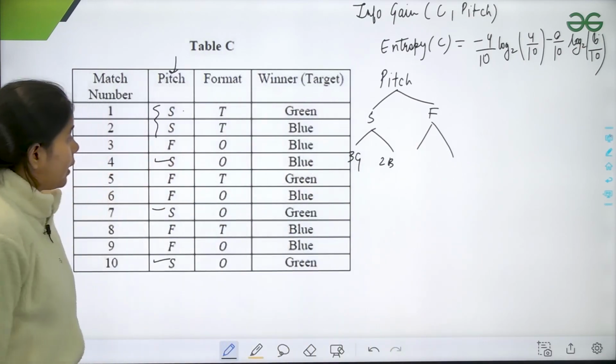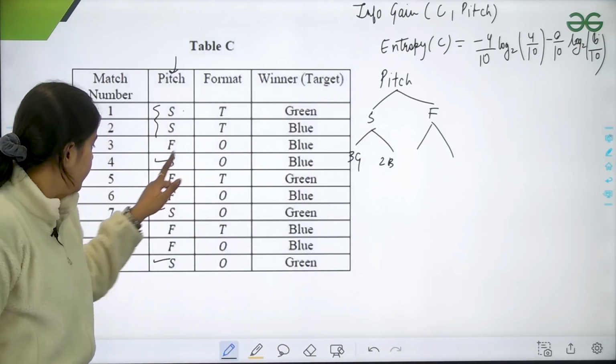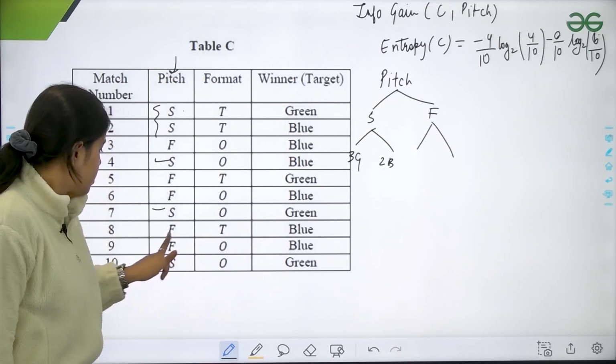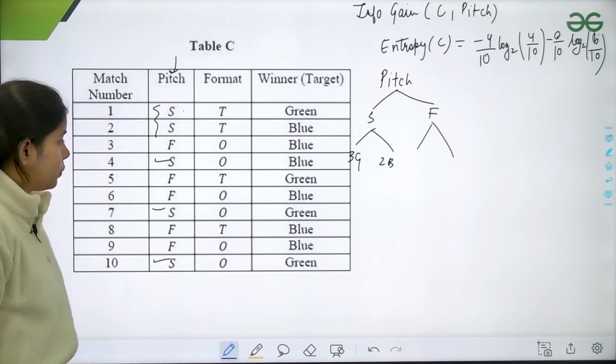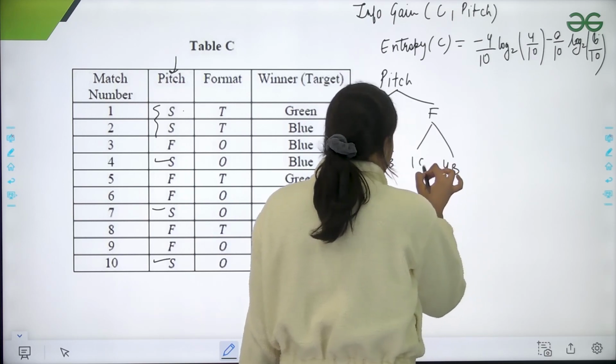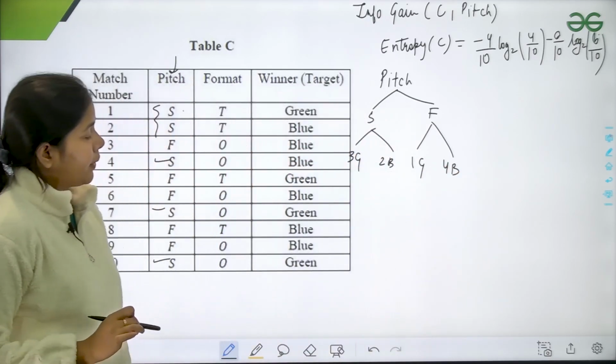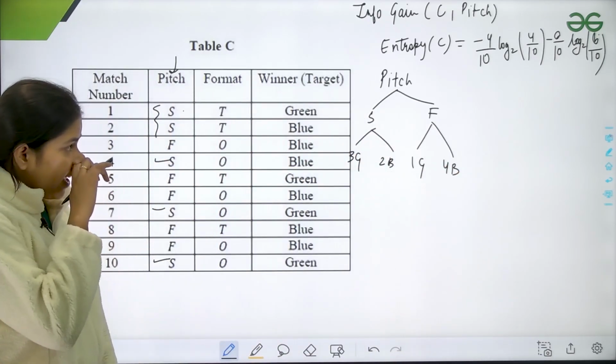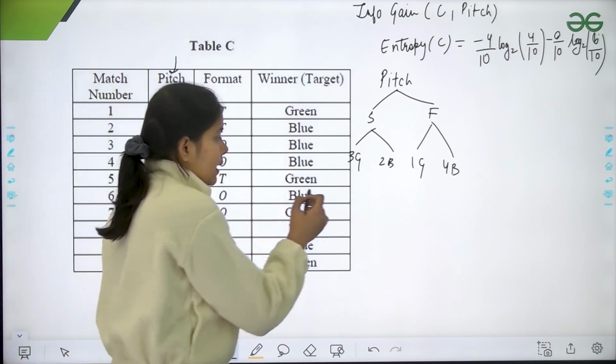In the F case we have 1 blue, 2 blues, 3, 4 blue, and 1 green.